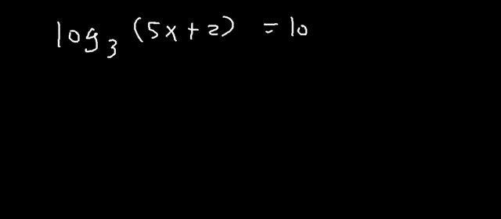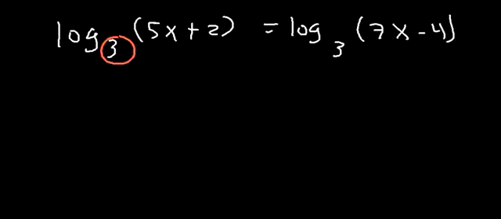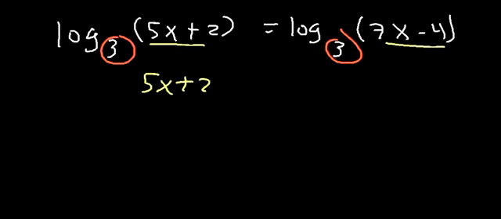Let's try some other examples. Let's say we have log base 3 of 5x plus 2 is equal to log base 3 of 7x minus 4. Notice that the bases are the same. What this means, therefore, is that these two expressions must be equal to each other. And so we can say that 5x plus 2 is equal to 7x minus 4.